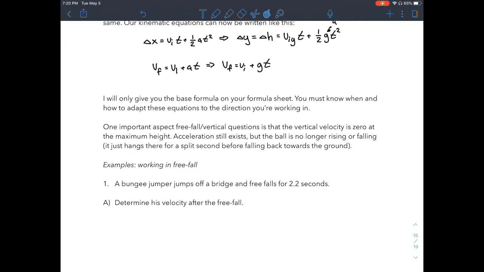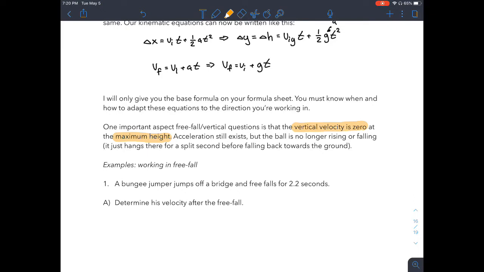Okay. Another important thing with these questions is when you throw something up, when you're moving up vertically, gravity's slowly trying to stop this thing and bring it down. So when you reach a maximum height, your vertical velocity is going to be exactly 0 for a split second.